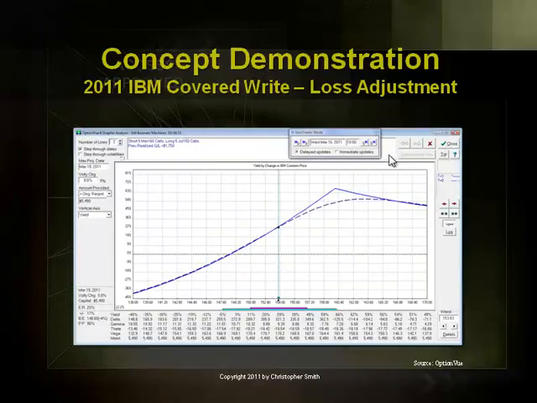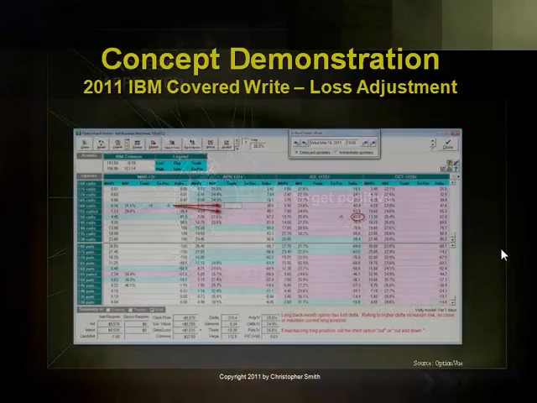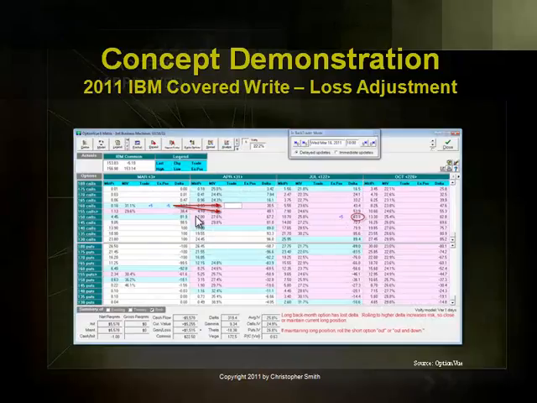And sure enough, we did get our pullback, but we're still profitable in the position. And so then we can start taking a look at the next adjustment.